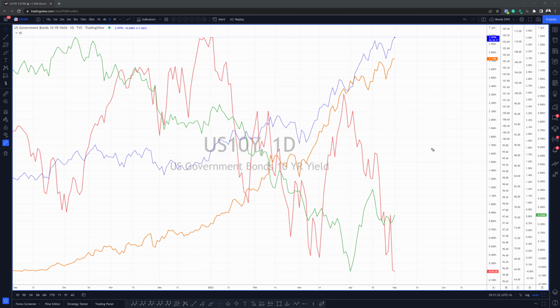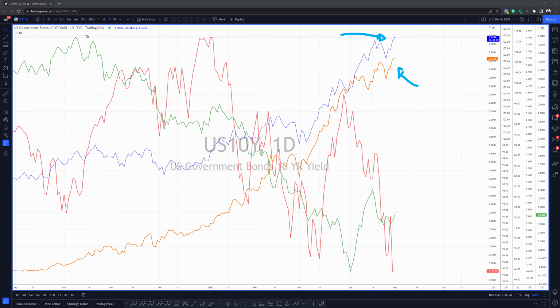And look, in general terms, the 10-year yield is the blue line. The 2-year yield is the orange line. The green line is the curve, that is the difference between the 10 and the 2. And the red line is the S&P, right?